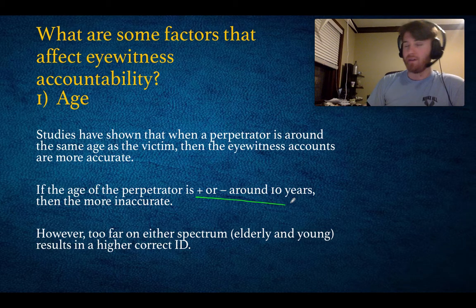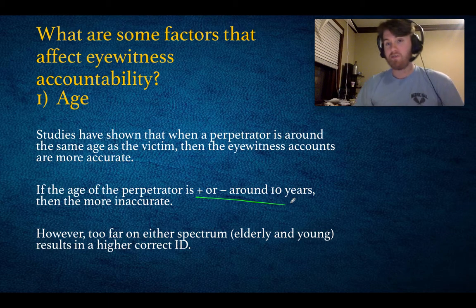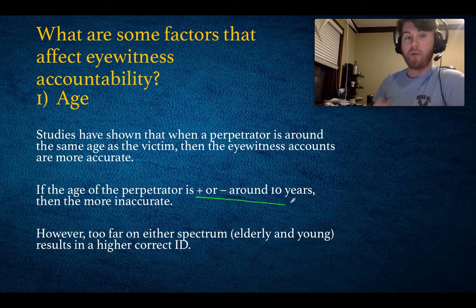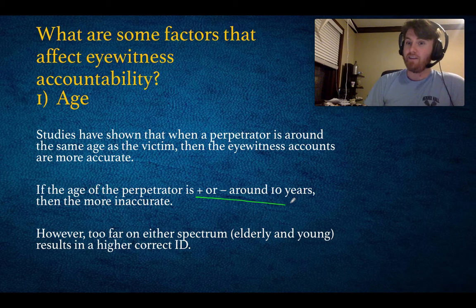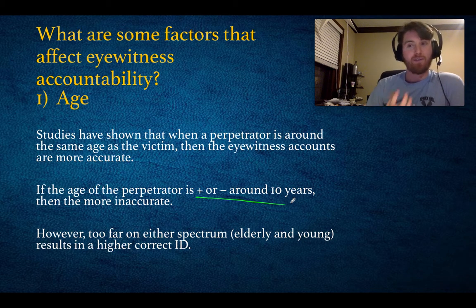What I mean by that is that if you, at 18, are mugged by a 28-year-old or somewhere around that age, then you are going to be able to more accurately describe them. Plus or minus 10 years is more accurate, as opposed to if you are mugged by a 50-year-old, which is going to be a big difference.